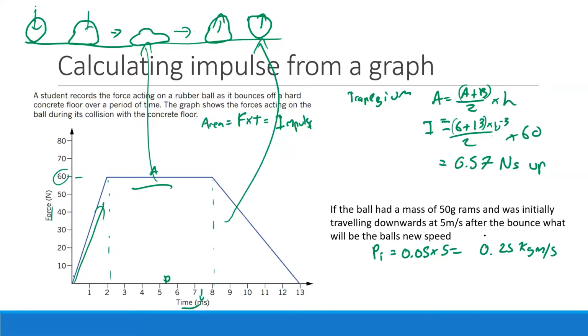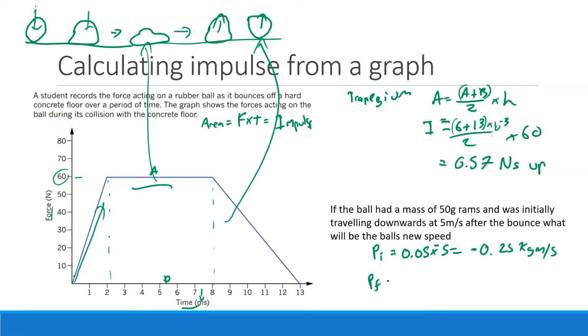So it's going downward, so we're going to have to put a negative here because it's a negative initial velocity. It's going to have its momentum increased by 0.57.